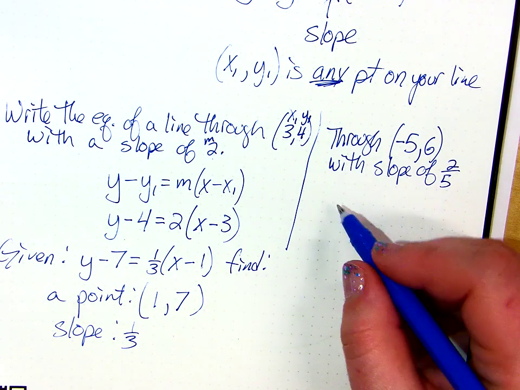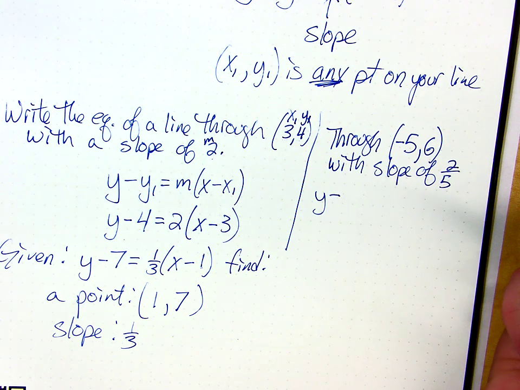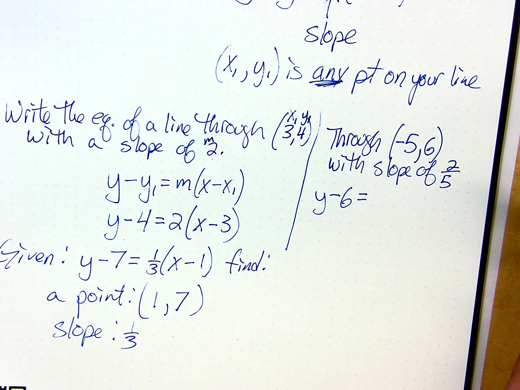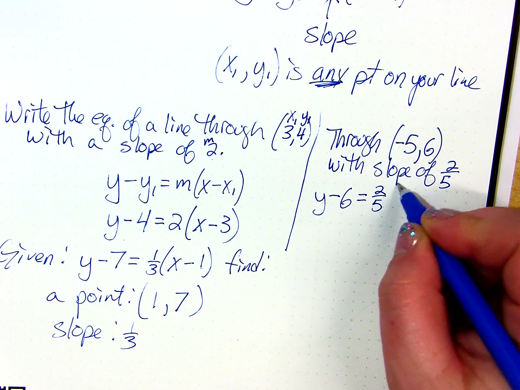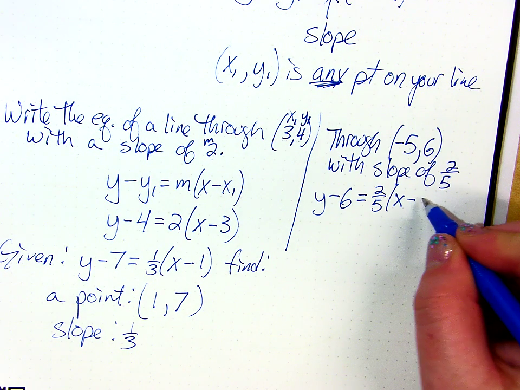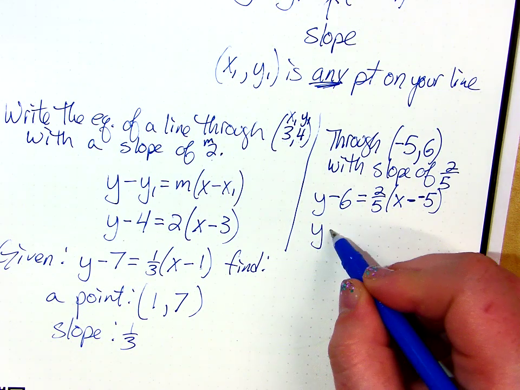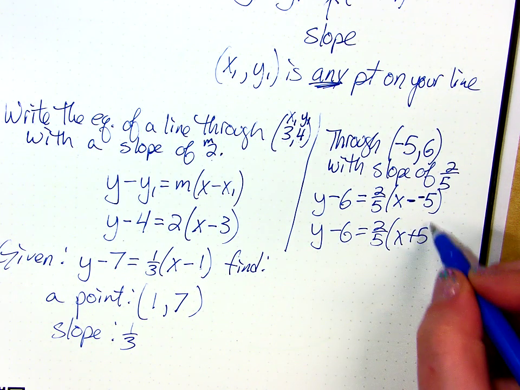So if I'm going to plug that into the formula, y minus y1, what's y1 here? 6 equals m, what's m? 2/5 times x minus x1. So it's going to be minus -5, right? Minus -5. That's how it turns into a plus. y minus 6 equals 2/5 x plus 5.